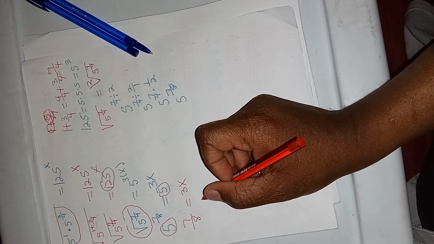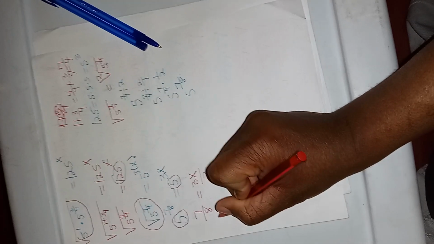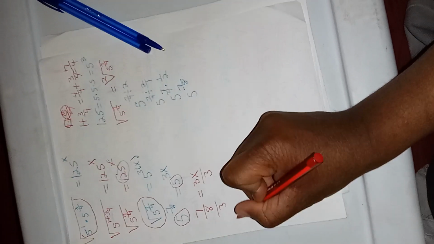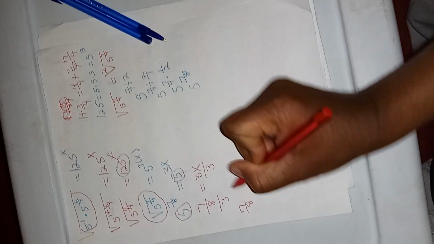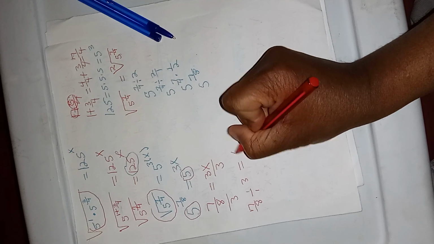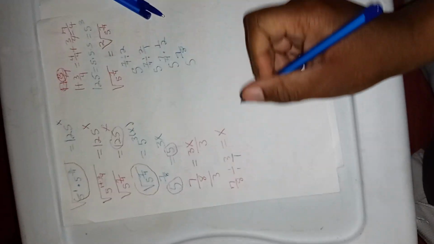So now we want to divide both sides of the equation by 3 to isolate x by itself. So 7/8 divided by 3 is equal to x. And remember, we want to make 3 a fraction, so we put it over 1.